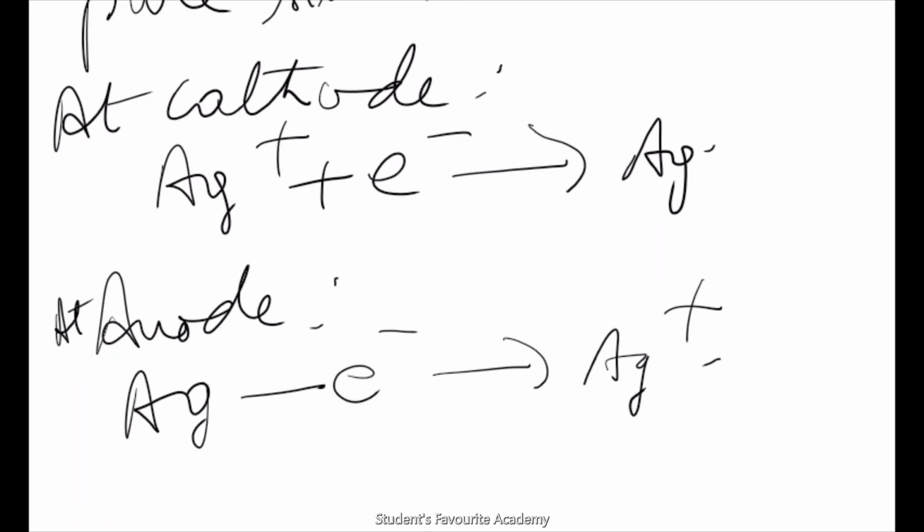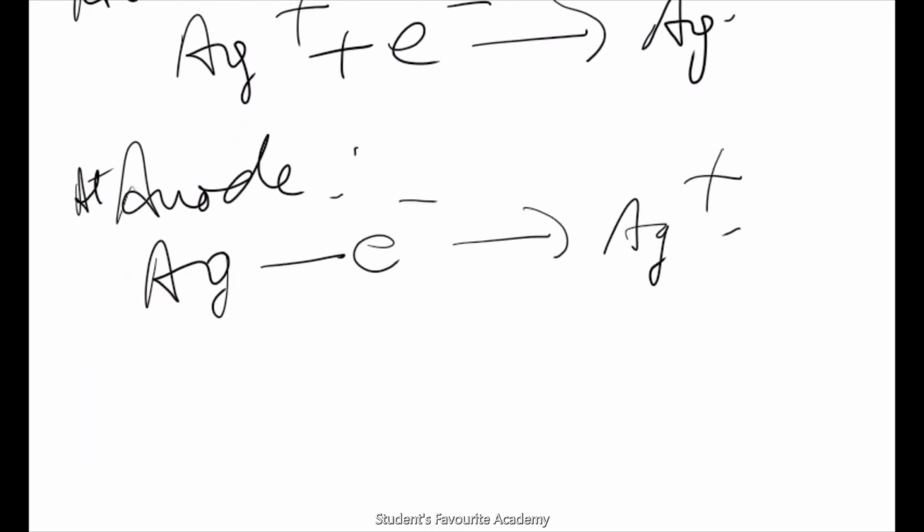The negative ions, that is CN- cyanide ions, and OH- ions, migrate to the anode, but none of them are discharged. Instead, the atoms of the anode, that is silver, lose electrons and pass into the solution as silver ions due to the nature of the anode. Silver ions are attracted to the brass spoon, which is the cathode, which is negatively charged. Hence, the article, which is the cathode, gets coated with the silver metal.